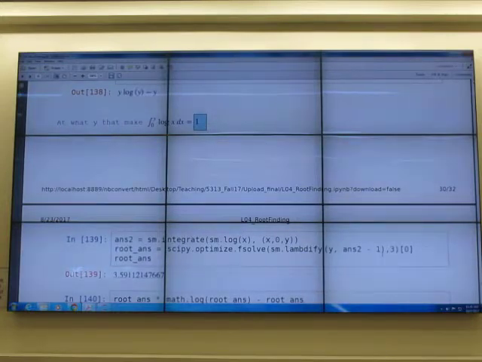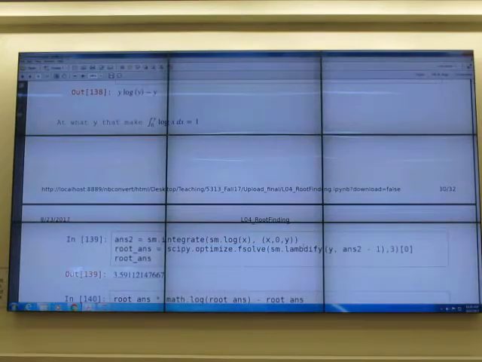So I put answer 2 minus 1 here, because fsolve solves for the value where f(x) equals 0. It's trying to find x where f(x) equals 0, right? So for my input, I have to move everything to the left hand side equal to 0 before I put it into fsolve.